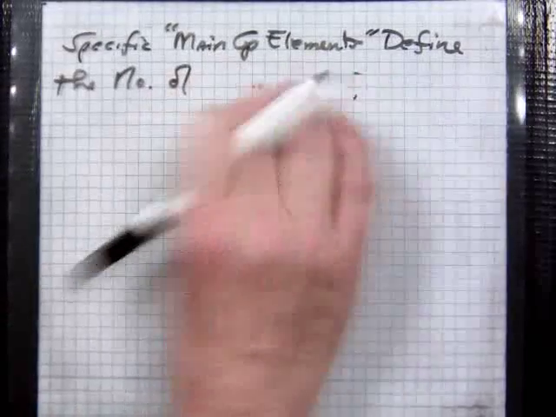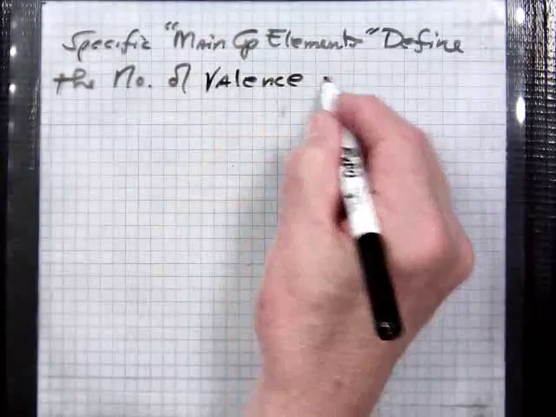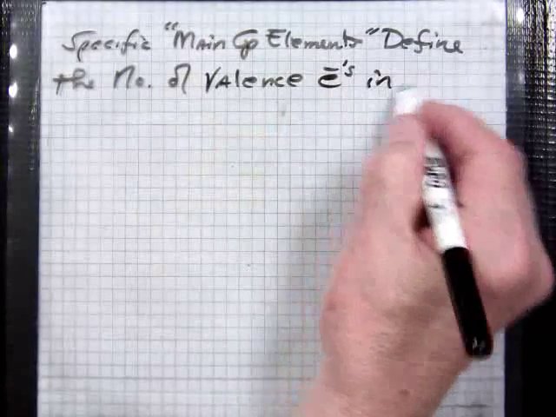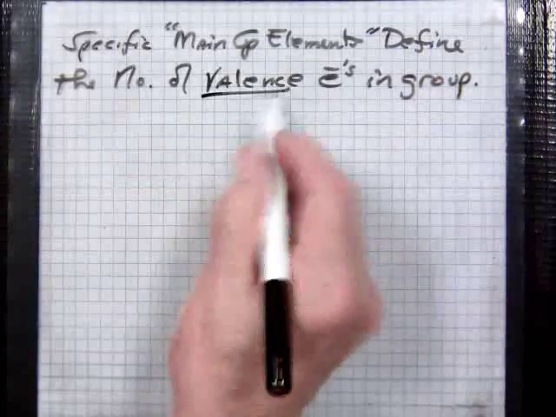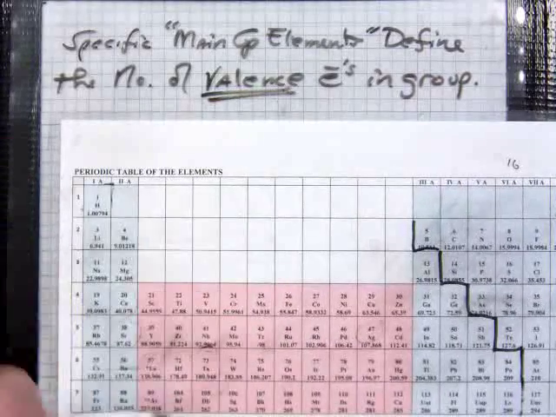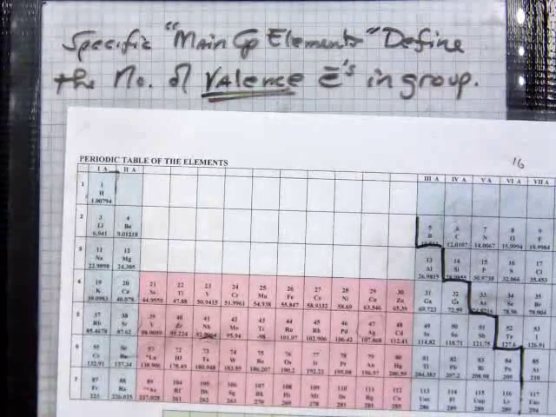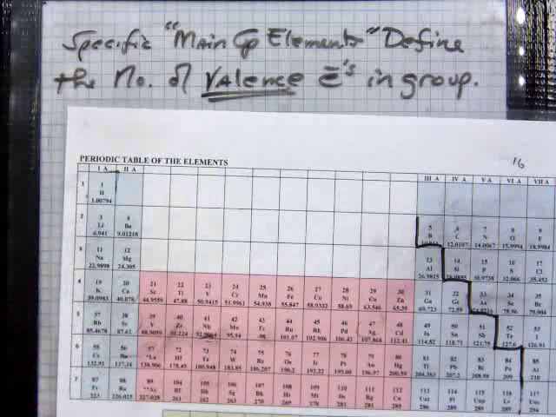Excuse me. Valence electrons. Of course, that's the outer shell. So if we're looking at the elements in group 1, everybody from hydrogen down through francium has one outer shell electron, and so forth.